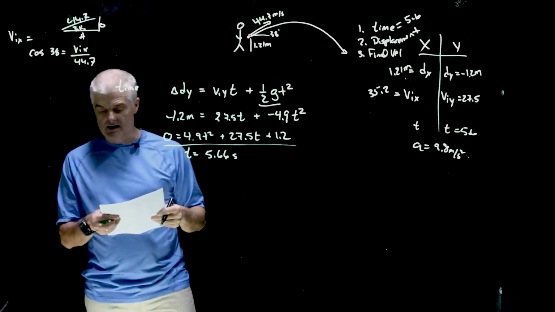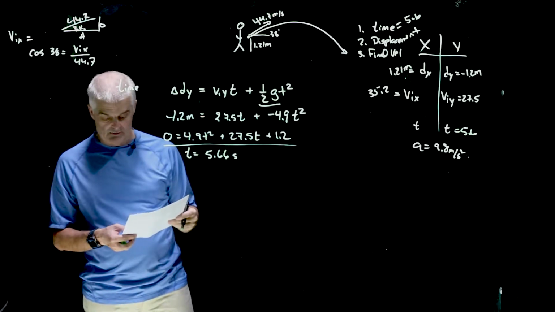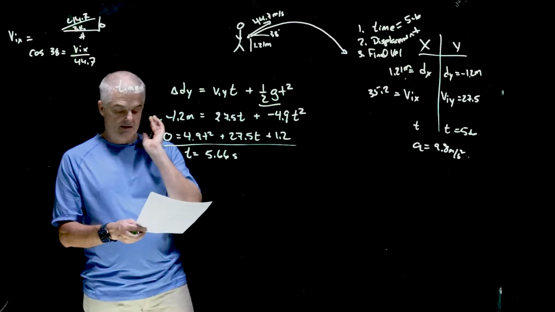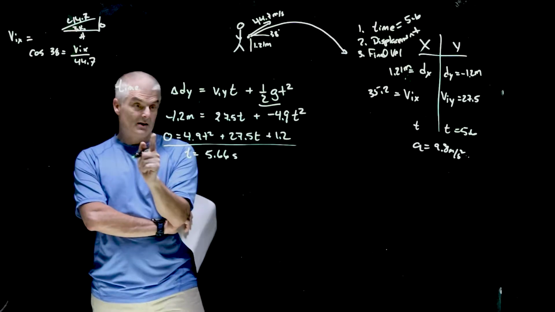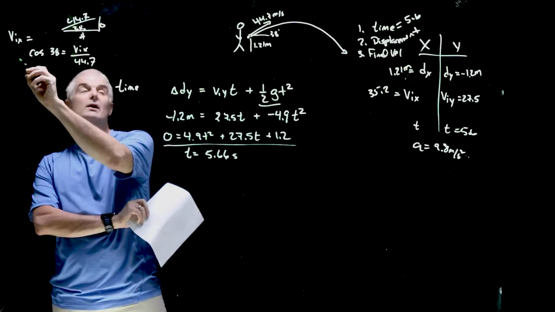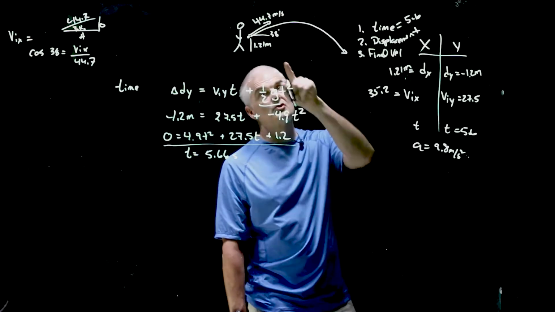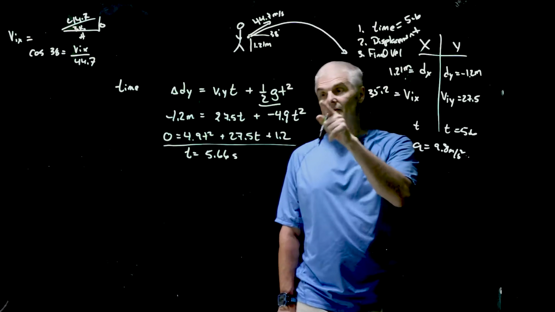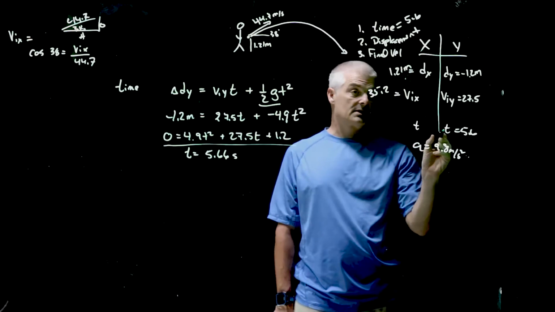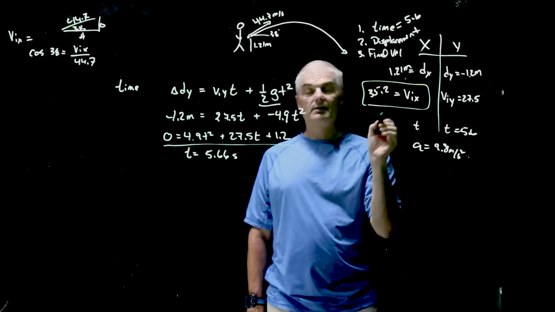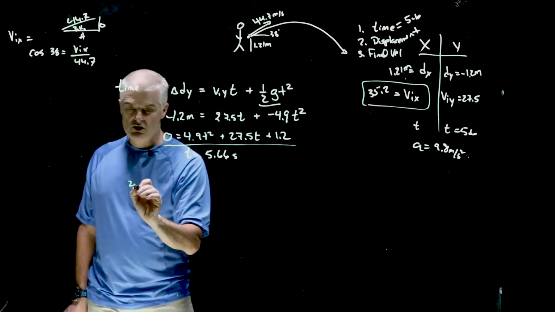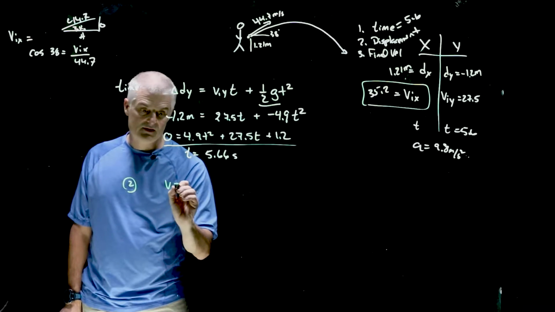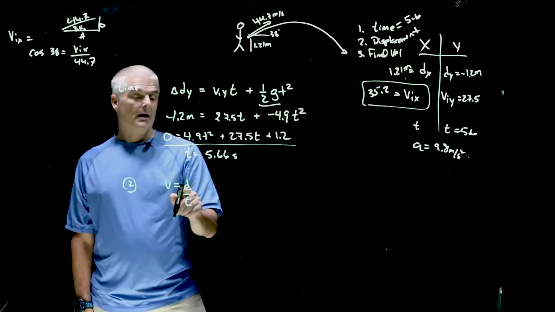Question number 2 says, what's the total displacement? How far has it traveled? This is super easy. Because we know the vix and we know the total time that he traveled, which is 5.6 seconds, I know he's traveling at 35.2. So we can say velocity is distance over time. I want to find distance.